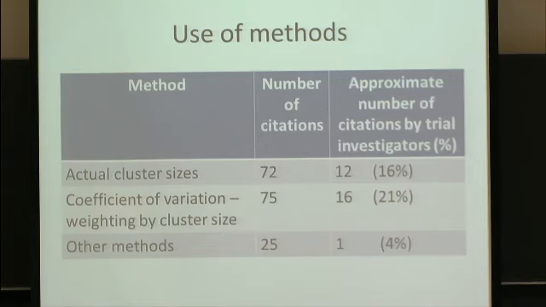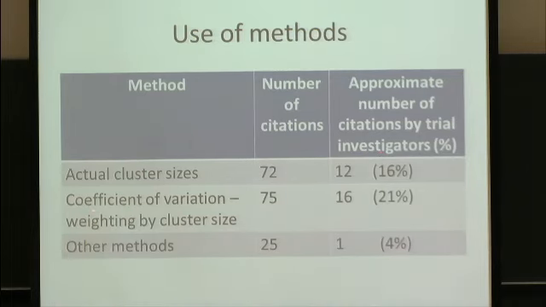And so the methods that are based on knowing actual cluster sizes in advance have a total of 72 citations, and of those, this is just very quickly going into Web of Science and looking at the titles, I think 12 are citations by trial investigators. It's not to say that they actually used this method in their trial, but they looked like people who were about to do trials.